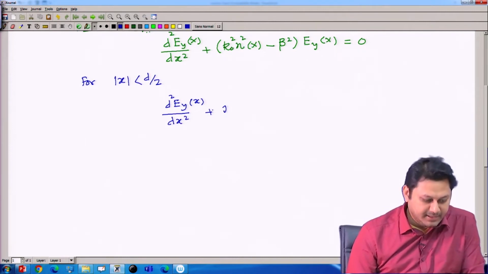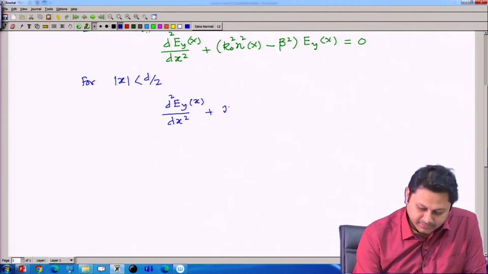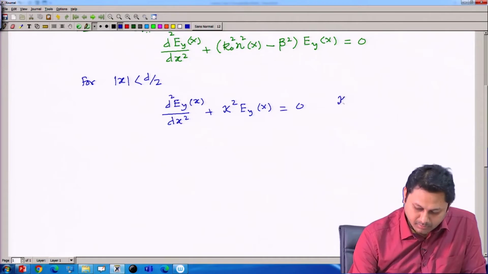I can define a variable kappa square, where kappa square was k0 square n1 square minus beta square.